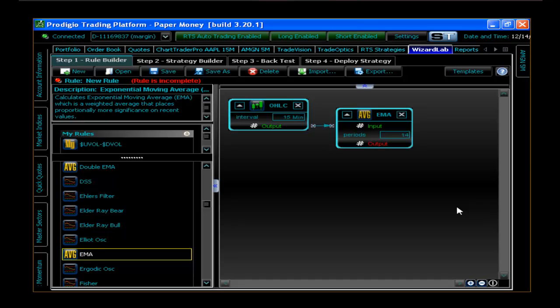And when this rule gets deployed onto the server, you've literally wired everything together so that we plug it in and then we crunch all the numbers and we send the results. So you're literally designing, if you want to think of it like a circuit almost. You're just wiring the schematic of logic. So I can change this periods to 20, and this represents a 20-period exponential moving average.